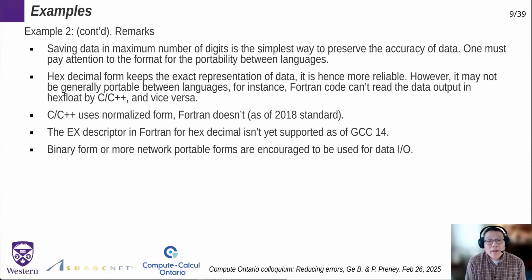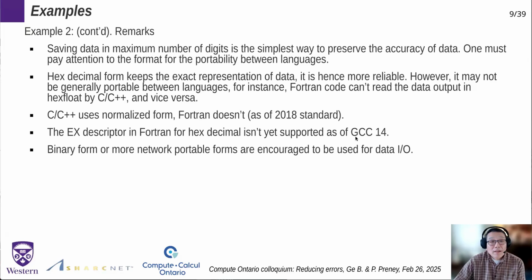Saving data in a maximum number of digits is the simplest way to preserve the accuracy of data, but one must pay attention to the format for the portability between languages. Second point, the hexadecimal form keeps the exact representation of the data in the floating point format and is therefore more reliable.